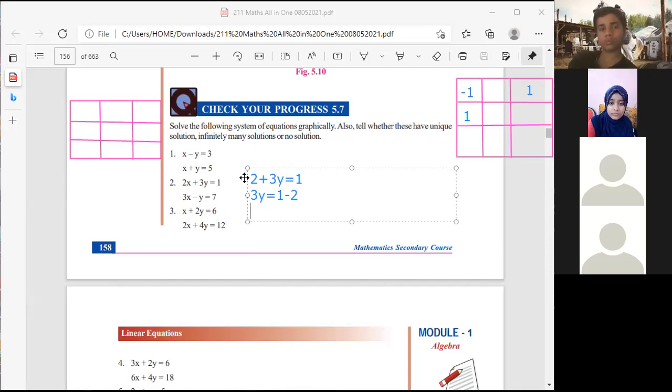Now minus 1 by 3. Again, will I be able to plot it? I hope you all are understanding what I'm doing. 3y is equal to minus 1, so y is equal to minus 1 by 3. Tell me, will I be able to plot this?